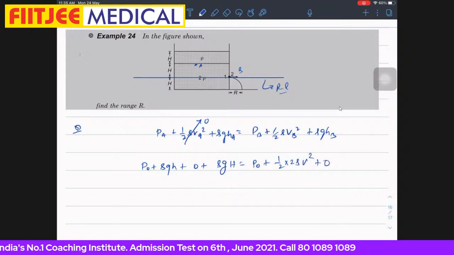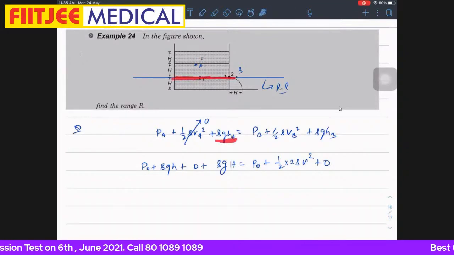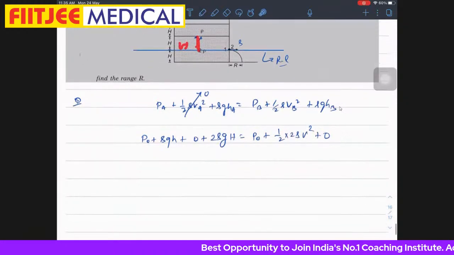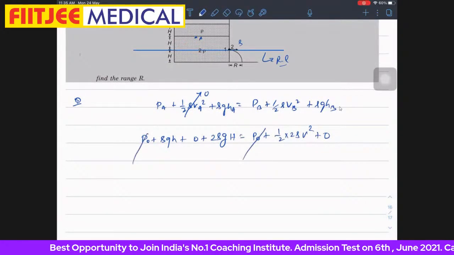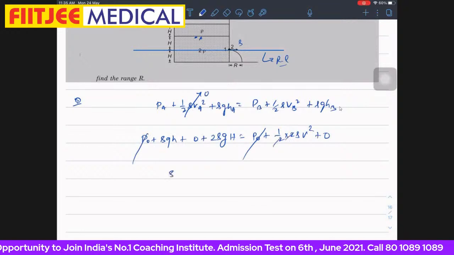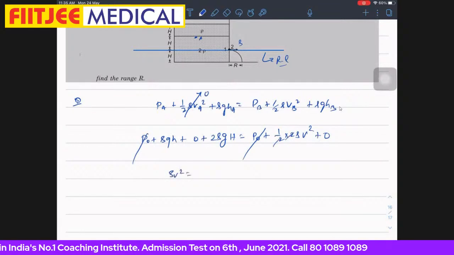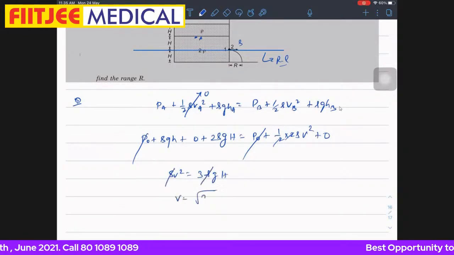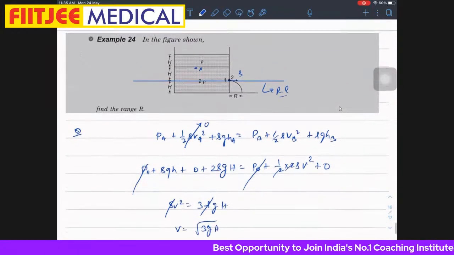One thing here is this. When I am writing rho g hA, this liquid density is 2 rho. So 2 rho g hA. With respect to the reference line, how much height is it up? H. Now see, this P naught is done. So what I can write? Rho V square equals 3 rho gh. So rho and rho are done. V will become root under 3gh. But we got velocity, they're asking range.